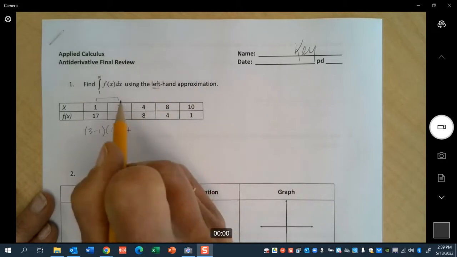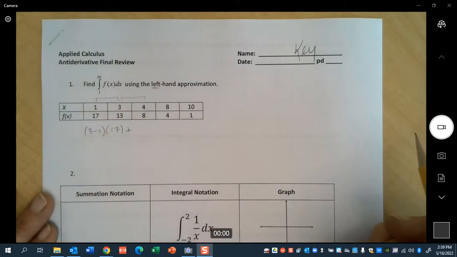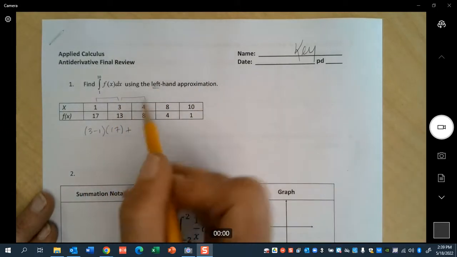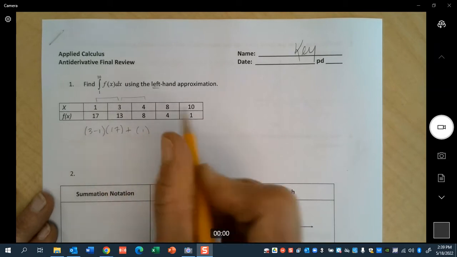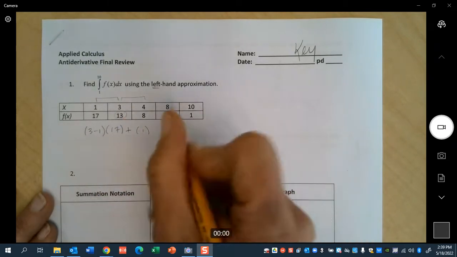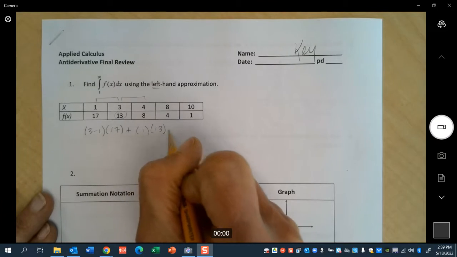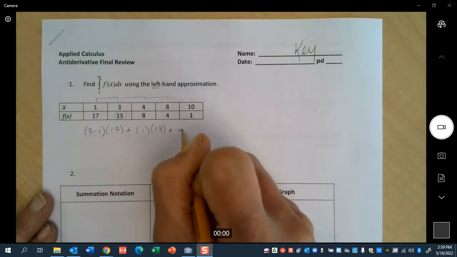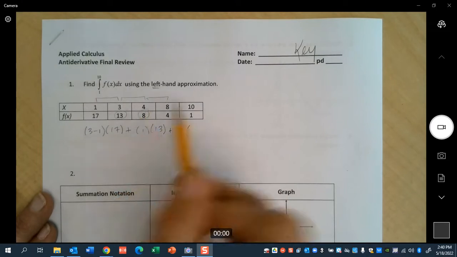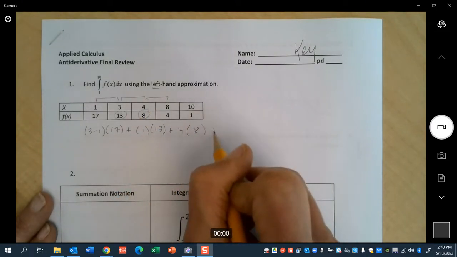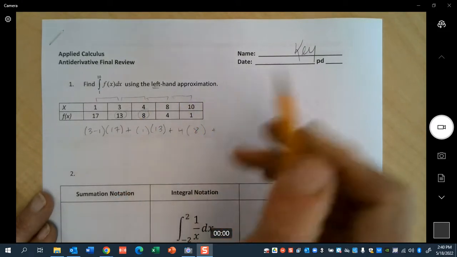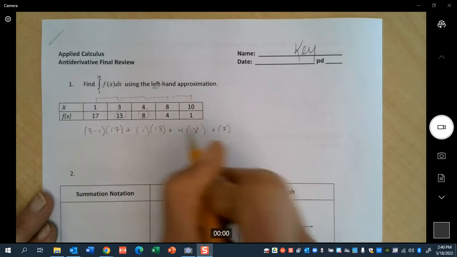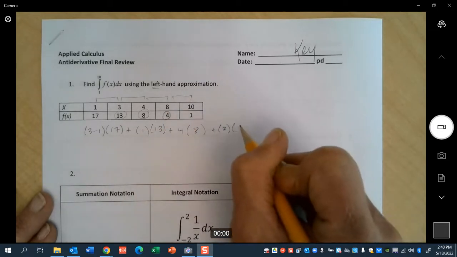My next interval, 4 minus 3, is 1, using my left-hand sum times 13, plus 8 minus 4 with its left-hand sum, plus 10 minus 8 with its left-hand sum.